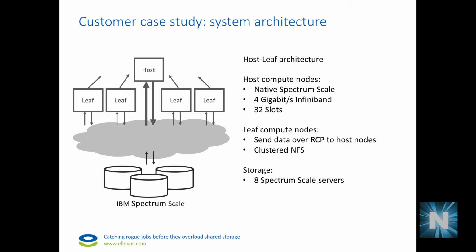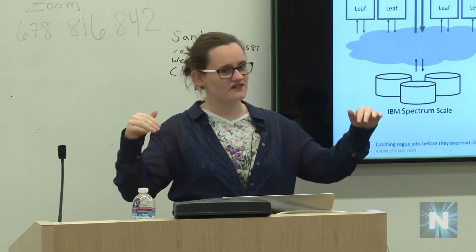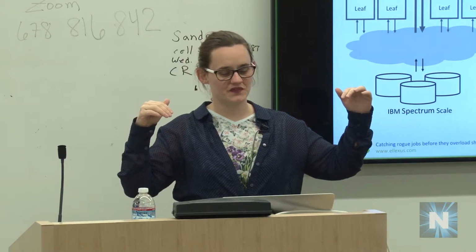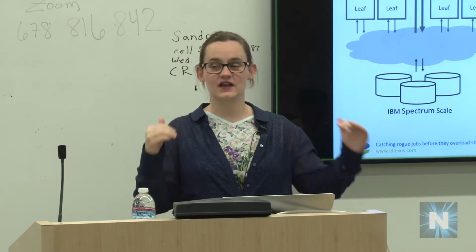So their host nodes use a native Spectrum Scale client to communicate with their storage over InfiniBand, and each host has around 32 slots. And then their jobs, they tend to submit jobs to the host node and then spawn a whole load of child jobs that reside on the leaf nodes. And the leaf nodes, although they do have clustered NFS, so they can access the storage, they're not supposed to.